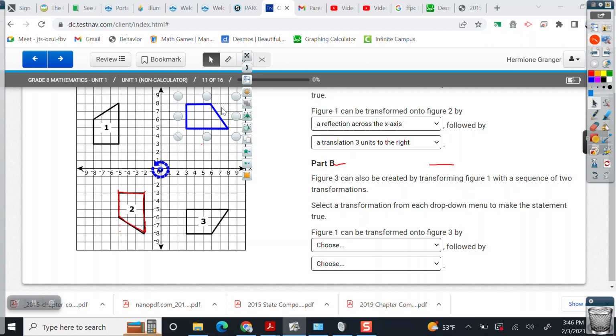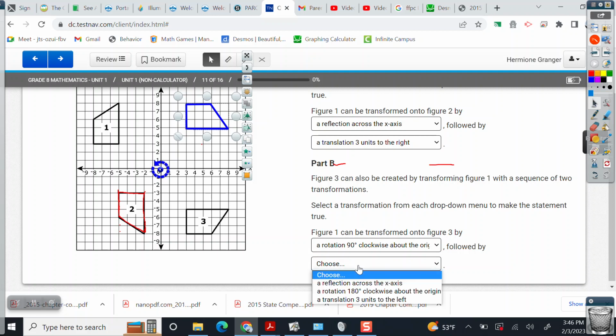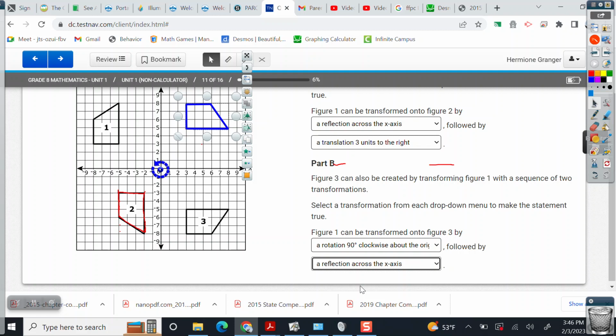So I'm hoping to do a mirror or a reflection over the x-axis. I hope that's an option, and look, it is. If I do a reflection over the x-axis, I'm going to get figure 3. All right, so that's what we got so far. Let's take a look at the next problem.